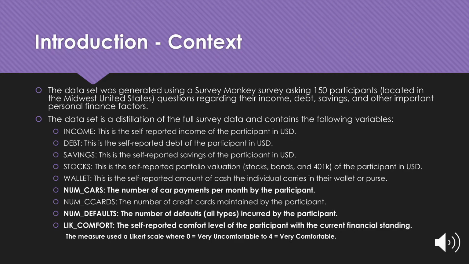Today we will look at NAM cars, which is the number of car payments per month for the participants, the NAM defaults, the number of defaults incurred by the participant, and life comfort, the self-reported comfort level of the participant with the current financial standing.